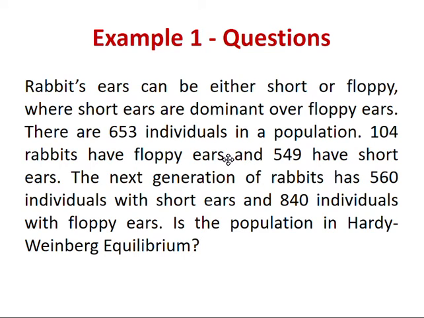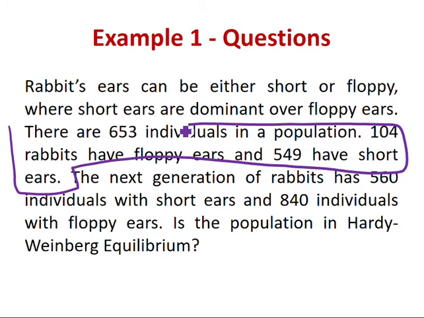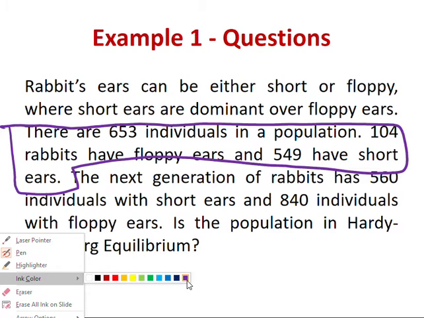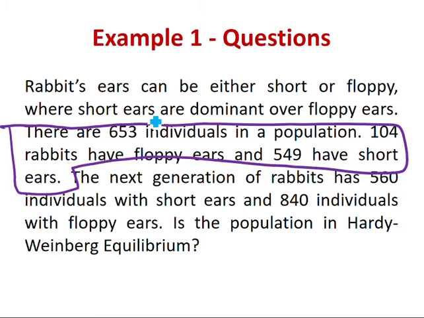Again, first find the frequency of the dominant and recessive alleles and the frequency of the individuals with dominant, heterozygous and recessive genotypes of the generation. Now in this question, look carefully. There are two generations. First, this is generation number 1, and then we have the second generation, which is this generation.